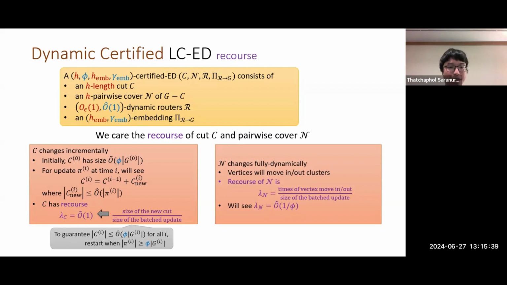The pairwise cover will change fully dynamically, and vertices will move in and move out. The recourse of it is defined as the ratio of the number of times vertices move in and move out over the size of the batch update. And we will show that the recourse of this pairwise cover is 1/5.